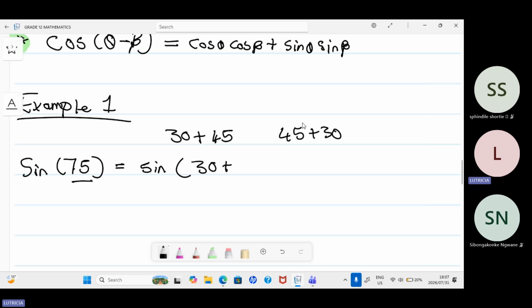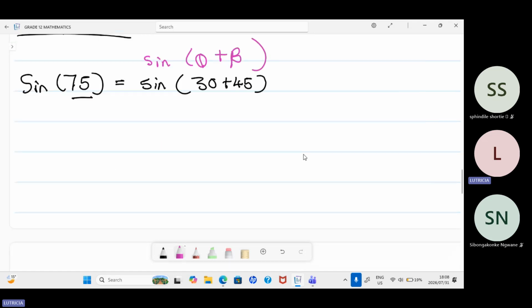Do you now see that it's in the form sine theta plus beta? Yes. So we're gonna go ahead and use that expression for when it's sine theta plus beta.